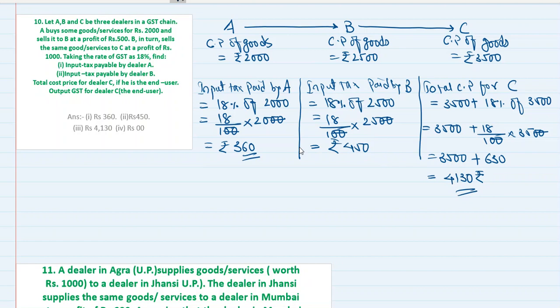Okay. And what is the output GST for dealer C? That is the end user. Output GST means tax collected. Is dealer C collecting any tax? No, because he is the end user.